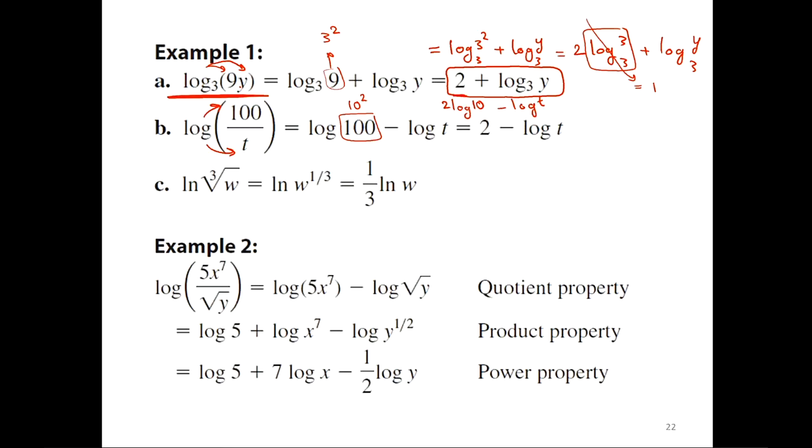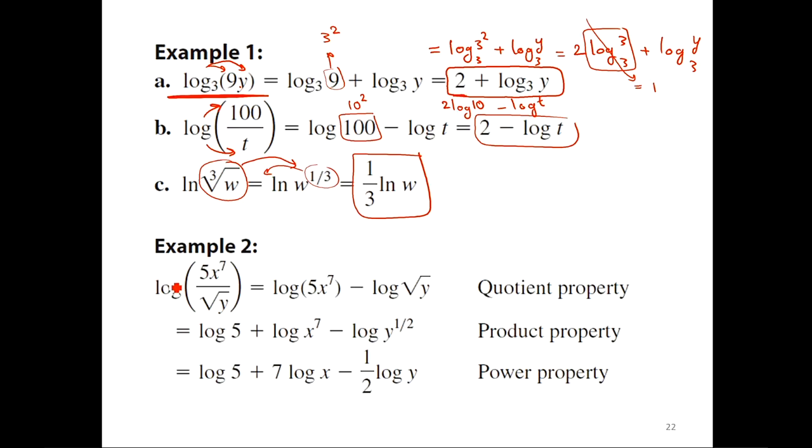This is log of 10 to base 10, which is 1. 2 multiplied by 1, so we have 2 minus log t. Also, we can convert the radical to the power 1 over 3 inside the ln, and put the 1 over 3 outside the ln. So we have 1 over 3 multiplied by ln w.